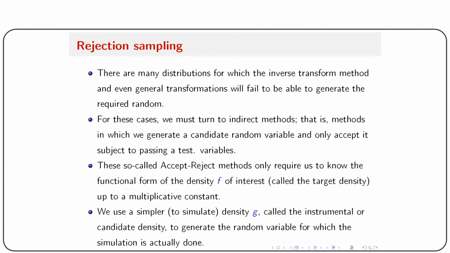These so-called accept-reject methods, or rejection sampling, require us to know the functional form of the density f of interest, called the target density, up to a multiplicative constant. We use a simpler density g, called the instrumental or candidate density, to generate the random variables for which the simulation is actually done.